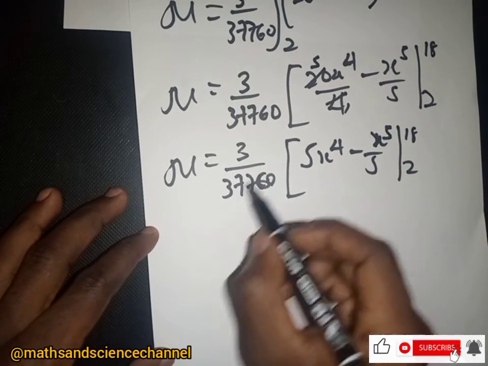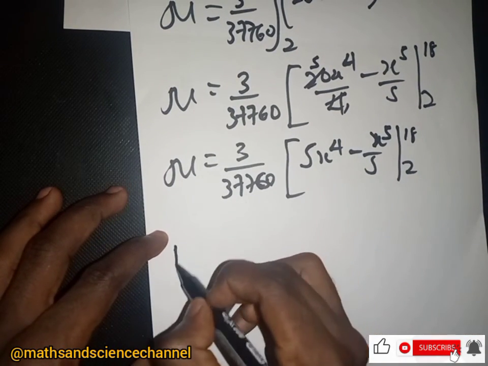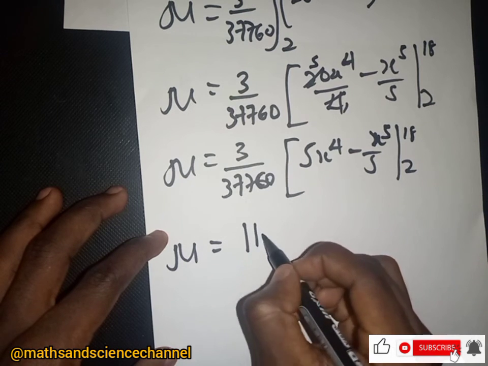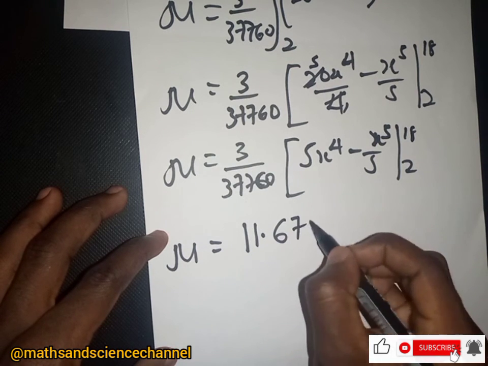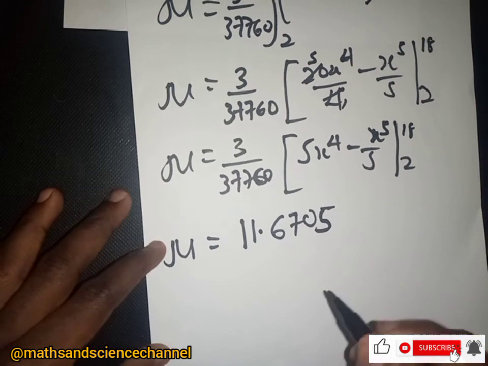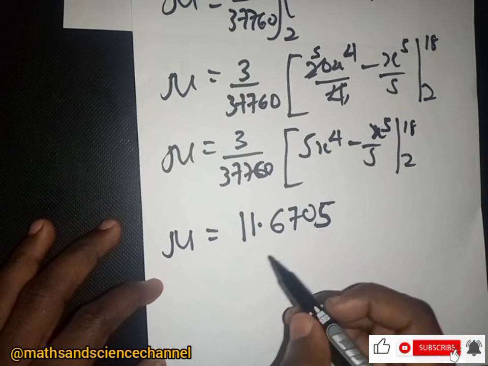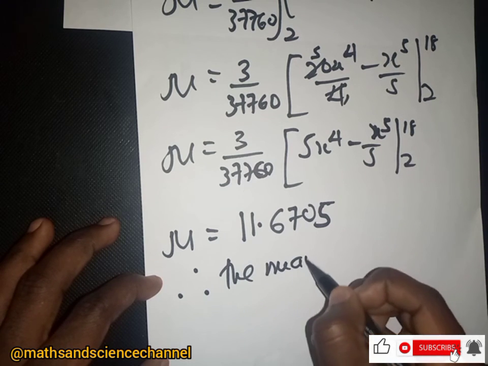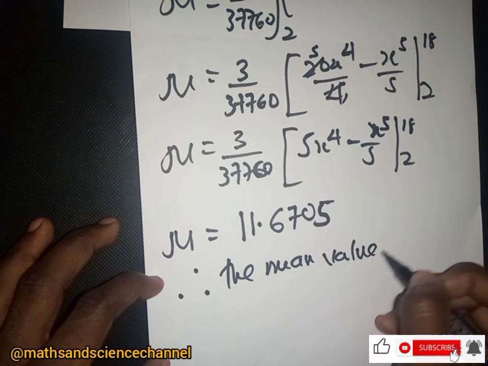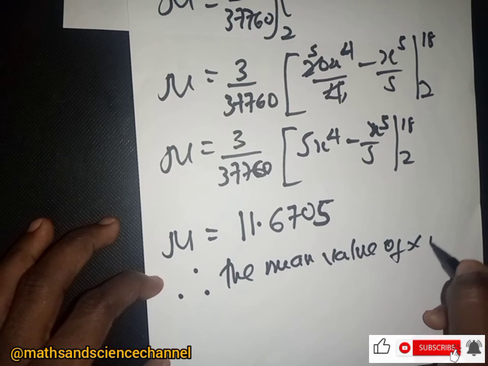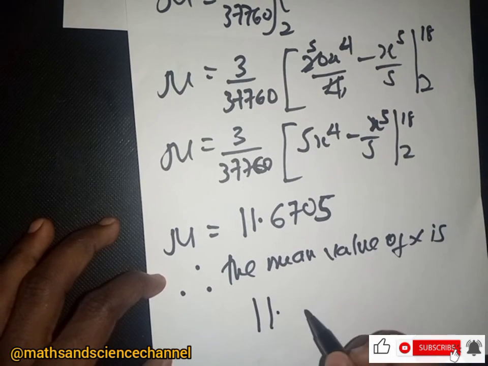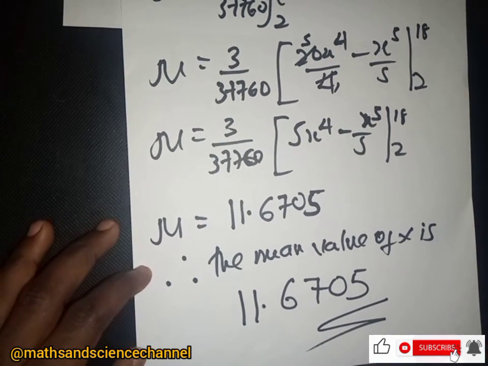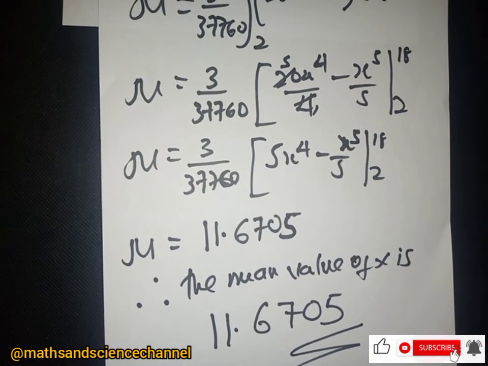Then when we substitute the 18 and 2 and we subtract everything, we should get the value as 11.6705 as the mu. So therefore we can conclude that the mean value of x is 11.6705, and that will be the mean value of x.